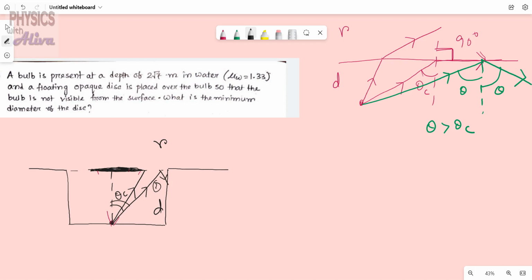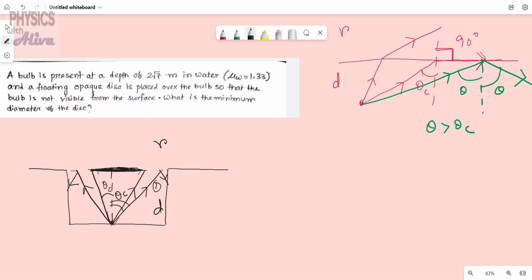If this is the critical angle theta c, then this ray will get reflected back to the previous medium. If this situation happens, then no ray from the bulb will go out from the water to the air medium, so the bulb will not be seen from the outside.